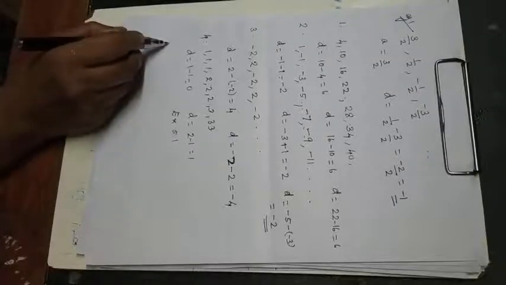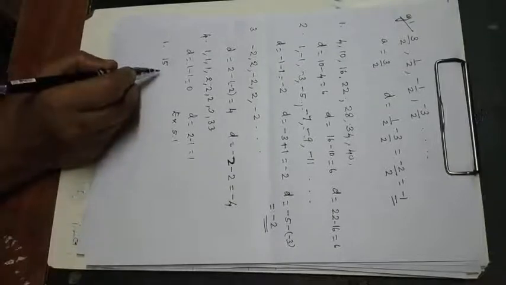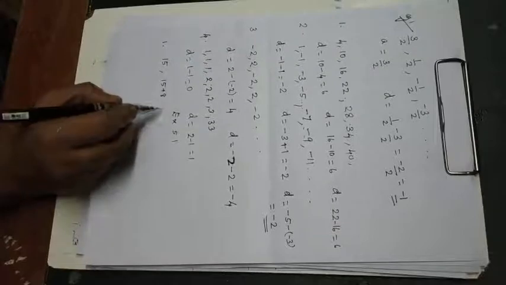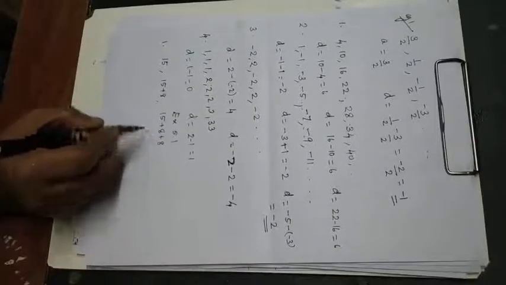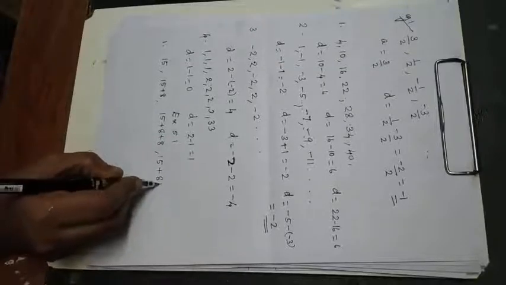So it will form an AP. Why? Because, see, first 15 is fixed. Next one, 15 plus 8 it will come. Next one 15 plus 8 plus 8. Then 15 plus 8 plus 8 plus 8.